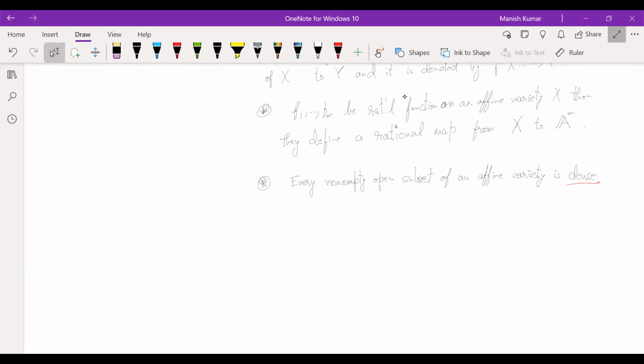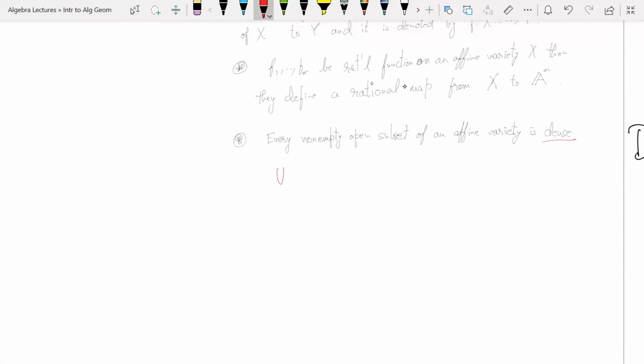Let's say U contained in X is an open, non-empty subset, and X is an affine variety.